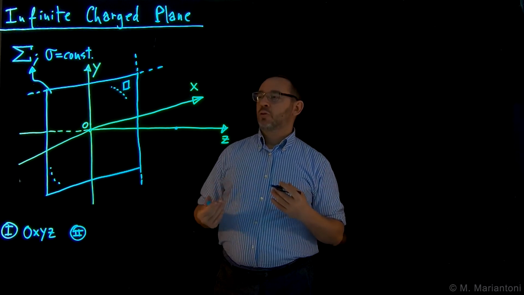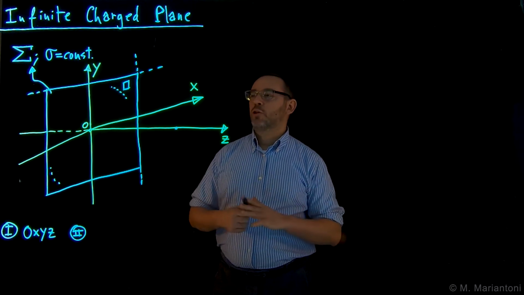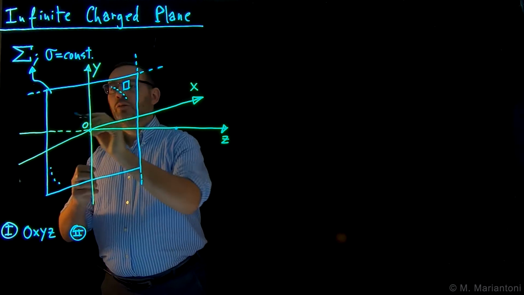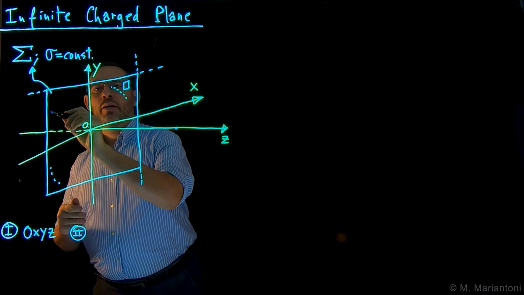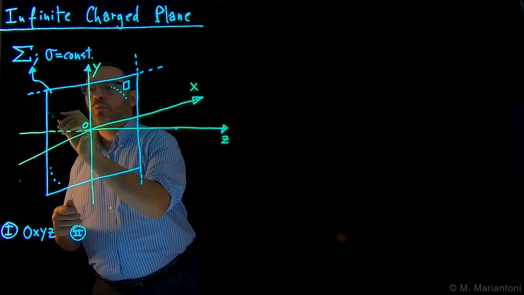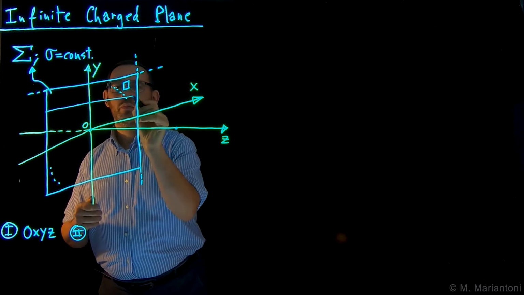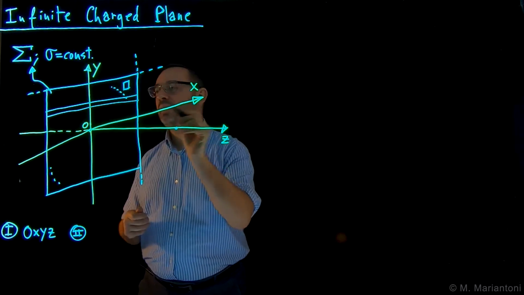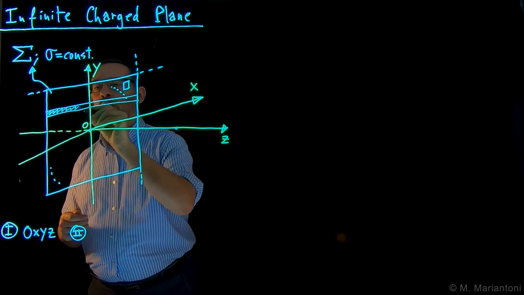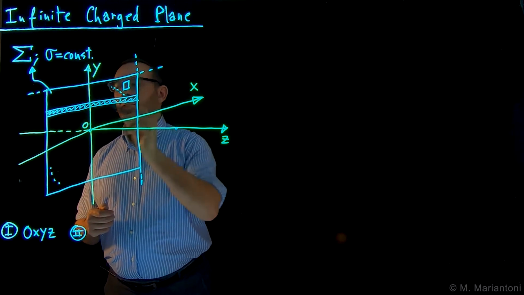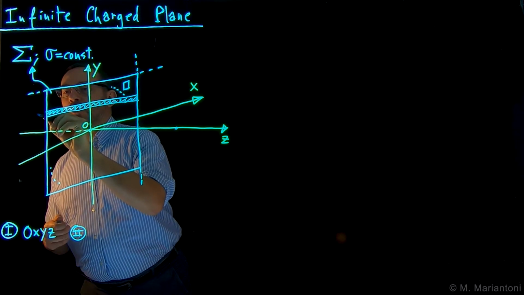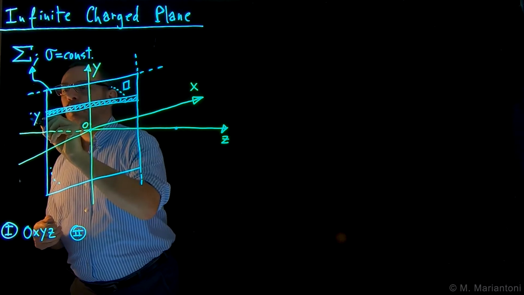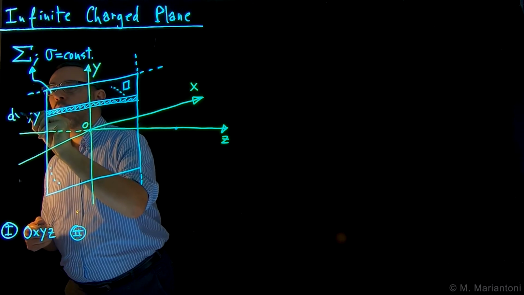The method I like to use in this case is to use the knowledge we already acquired about an infinite straight line, and so to draw here a stripe infinitely long along the x-axis. The width of this stripe, which is located at location y, a positive y, is dy.